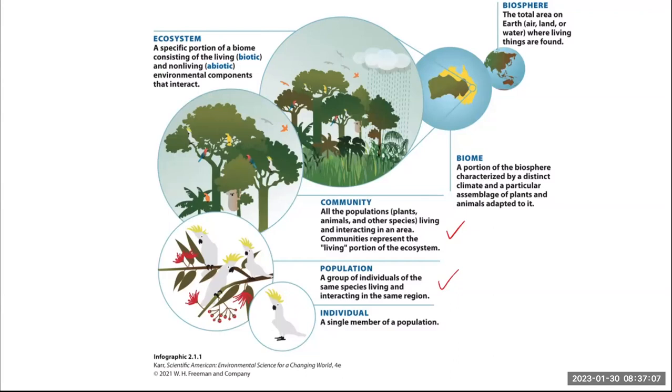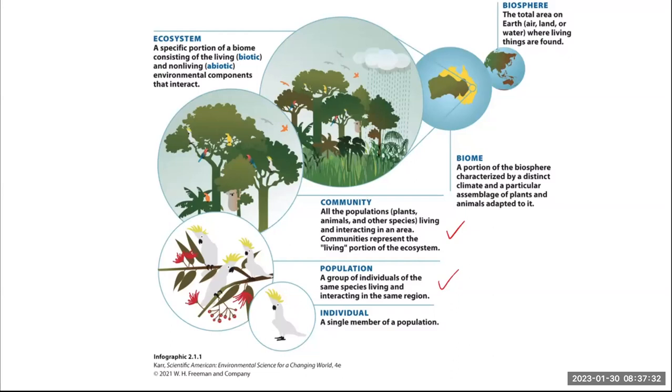So this would be the physical environment in which living organisms interact. This considers things like rain and sunlight and wind, access to nutrients, pH of the soil, any physical characteristic you can think of that could influence the survival or success of a particular organism.